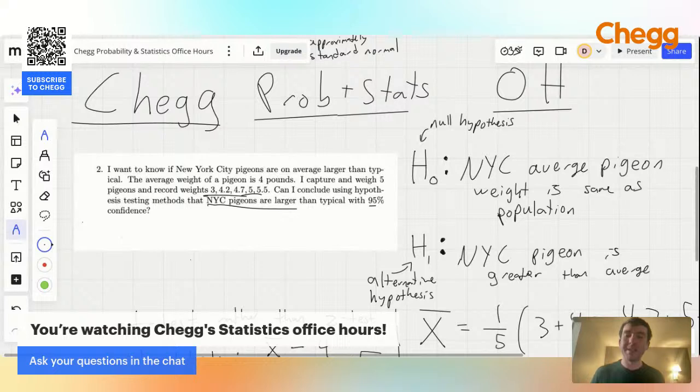So if I'm being a good statistician, I'm going to remain neutral. I don't know either way, basically. I haven't proven it. I haven't disproven the null hypothesis. We don't have enough data. We haven't rejected it yet.